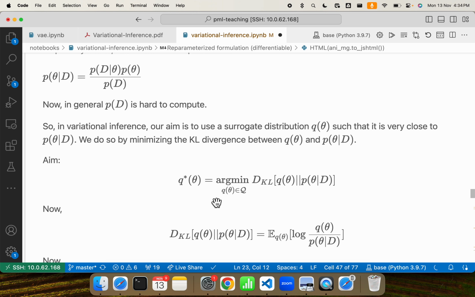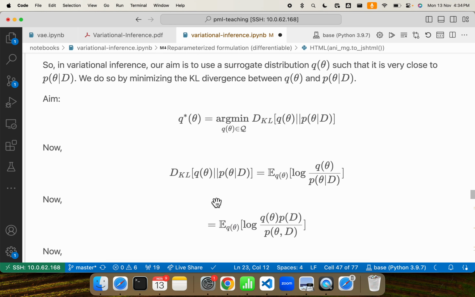Okay, has everyone written? Can you write it like this? The KL divergence between Q and the posterior is the expectation of log of Q theta divided by P of D, theta, the joint.